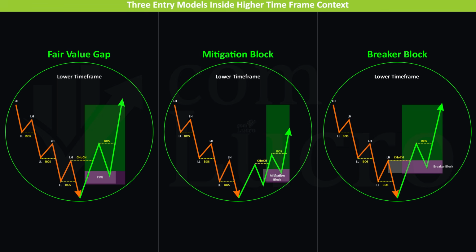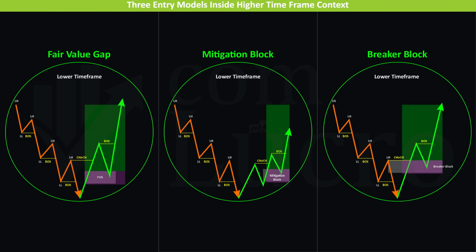In the third entry method, the focus shifts to identifying a bullish breaker block inside the higher time frame supply or demand zone. For a breaker block to be considered valid, price must first create a swing low, then a swing high, followed by a lower low. After this sequence, an aggressive expansion in the opposite direction should occur, producing a market structure shift.